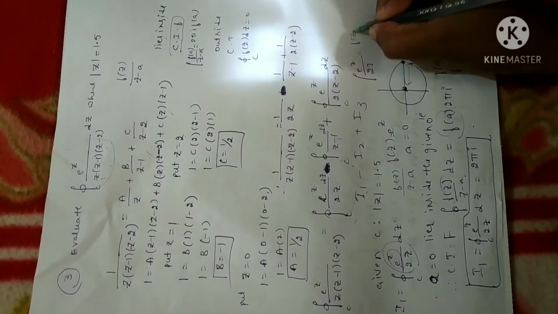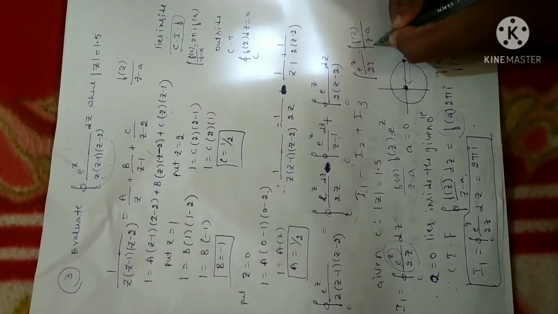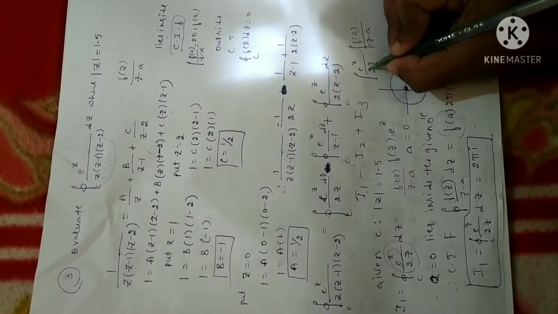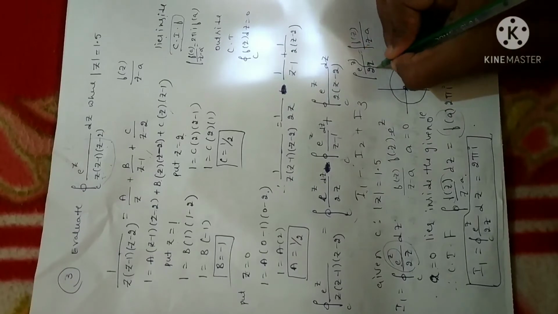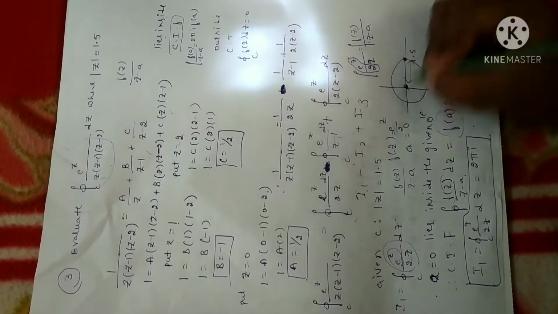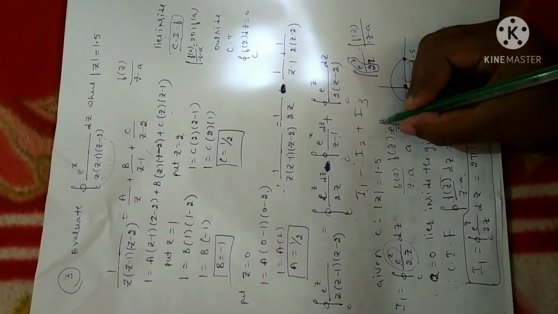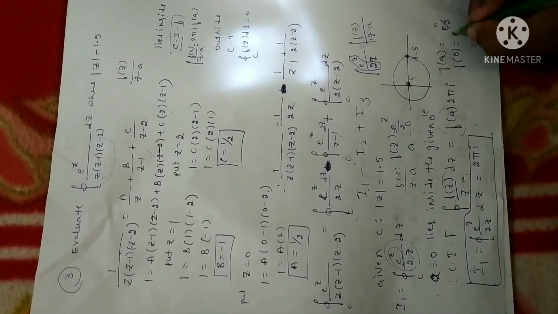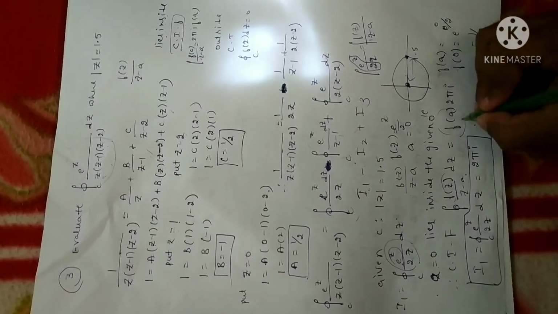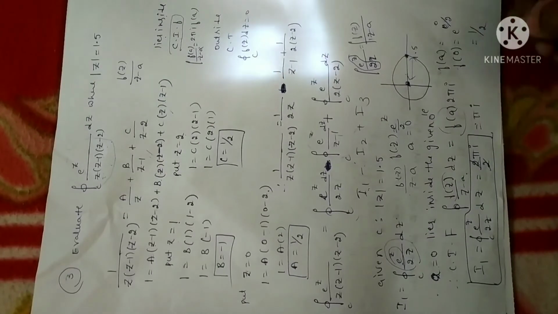When you compare it with the standard form, that is f of z by z minus a, the coefficient of z should be 1. But here I have 2z. So that is the reason I have to take f of z as e power z divided by 2. Fine. So when f of a, when you put a is equal to 0, e power 0 divided by 2. E power 0 is 1. So you will get 1 divided by 2 here. So f of a is 1 by 2. So that 2 gets cancelled. You will get pi into i here.